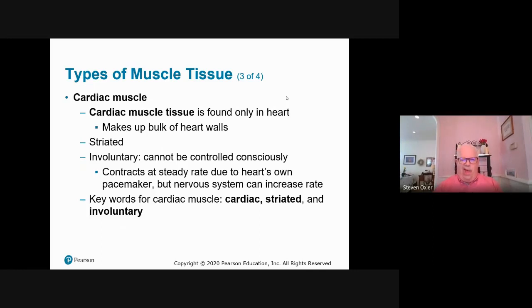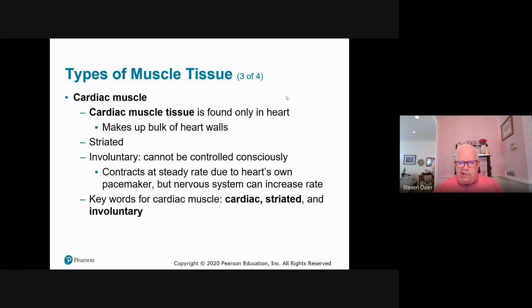Cardiac muscle is only found in the heart. It is also striped, so it is striated. But to differentiate it from skeletal muscle, it's involuntary. It cannot be controlled consciously. Okay? Yes, you can slow your heart rate down, but you can't stop it.